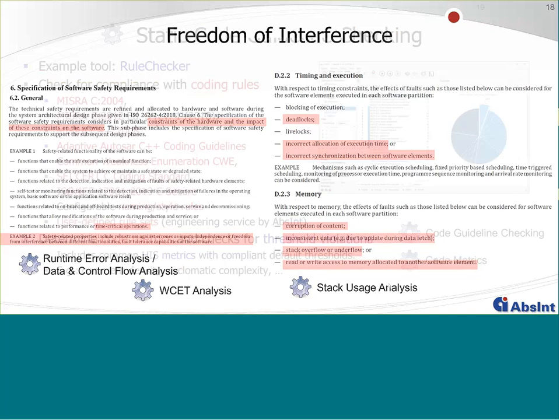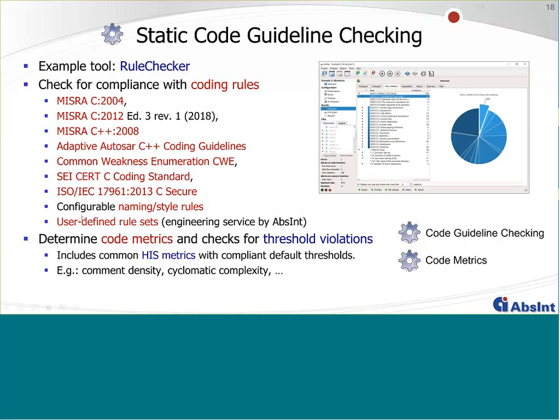Now, in the following I'll describe each of these activities a bit more. For example, for coding guideline checking, there are many tools on the market. I will focus on the AbsInt tool, of course, which in this case is called RuleChecker. RuleChecker is a static analysis tool which checks for compliance with coding guidelines.